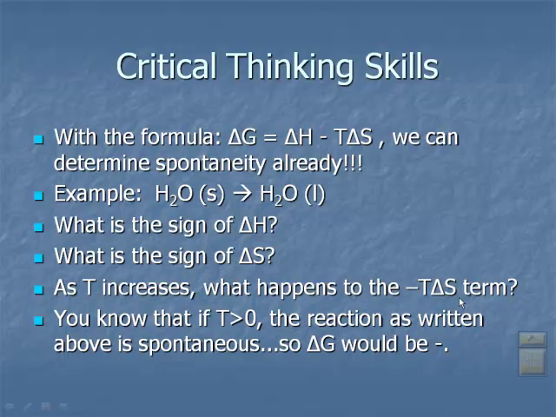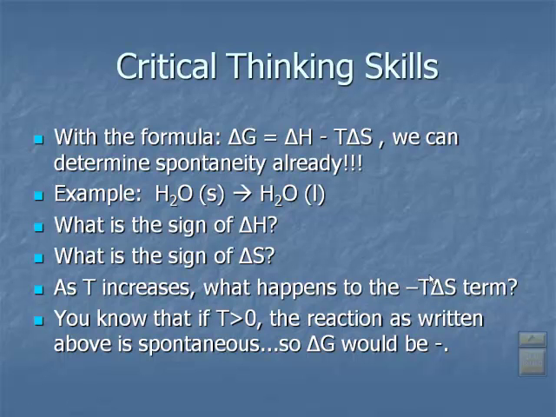Now, where did I get that term from? That's from Gibbs free energy's equation. Look at the equation carefully. And then finally it says, you know that if T is greater than 0, the reaction here, as written, will be spontaneous. So, you know that delta G should be negative. Everybody should get that. But this term, negative T delta S, is actually a pretty important term when we talk about Gibbs free energy.